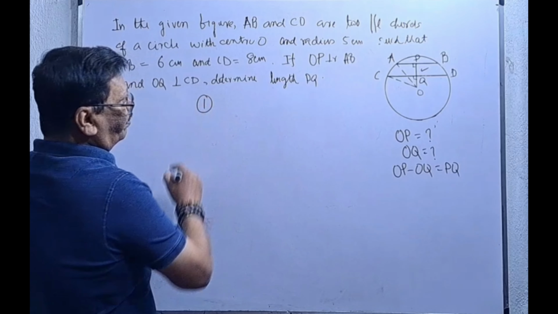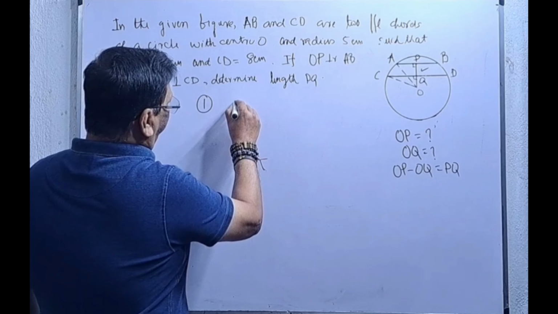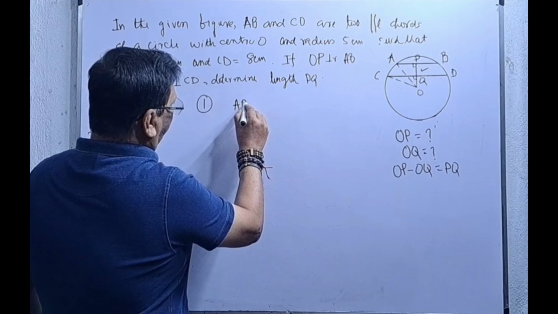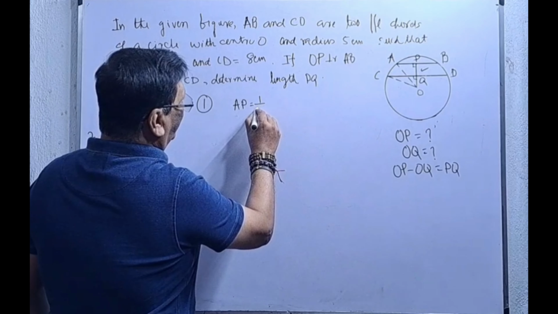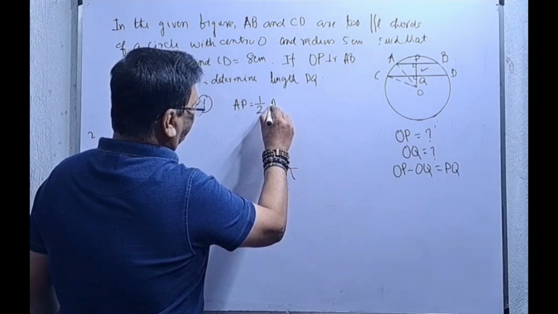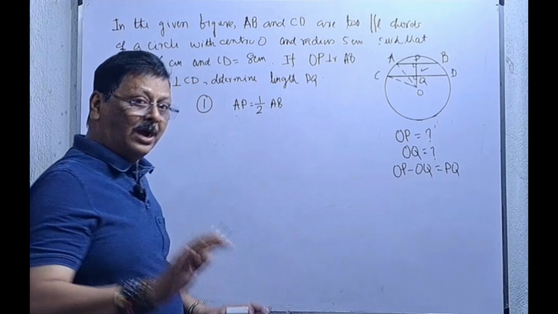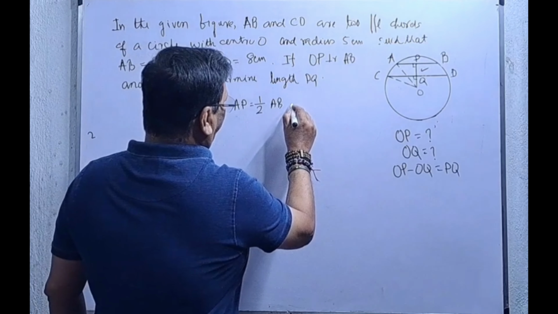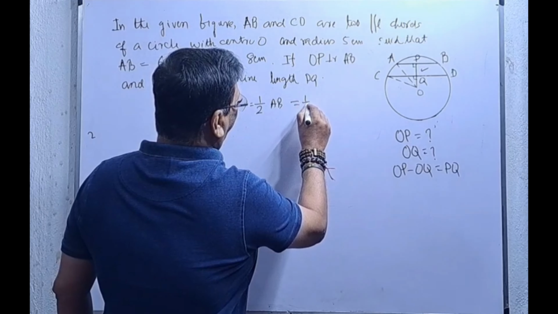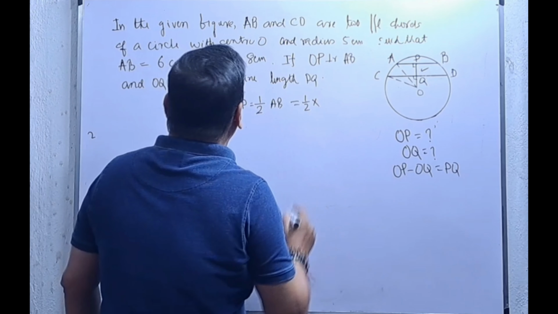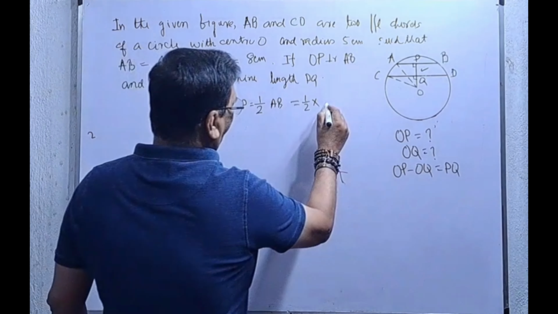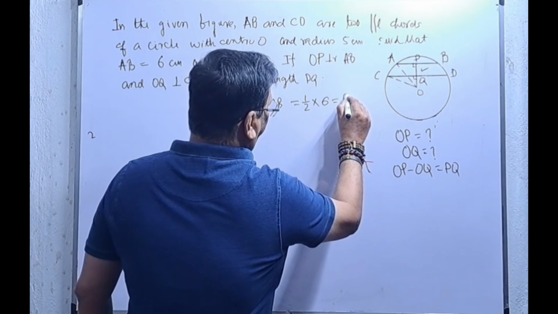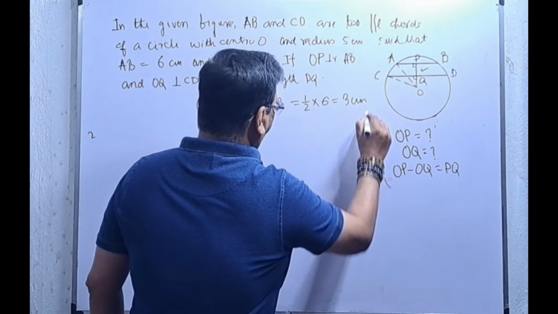One, we know AP is equal to half of AB. I know you have a question; we'll solve it. So half into AB, which is 6 centimeter, gives 3.